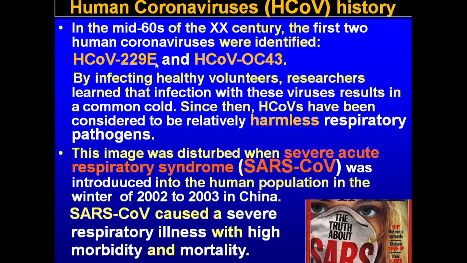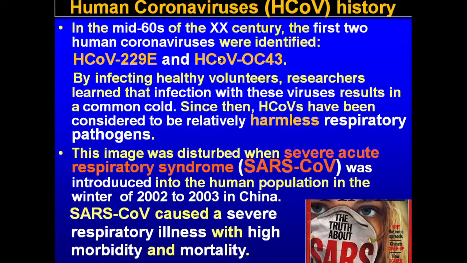What is important is that volunteers were infected with these new coronaviruses, because from the very beginning it was considered that they don't cause very severe infections. When volunteers were infected, it resulted in a very mild disease, like the common cold, maybe sometimes with some gastrointestinal disturbance.